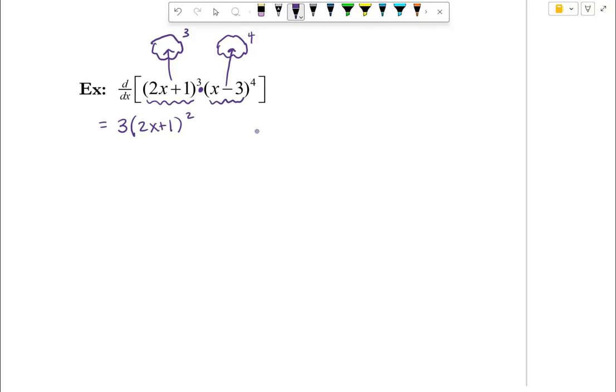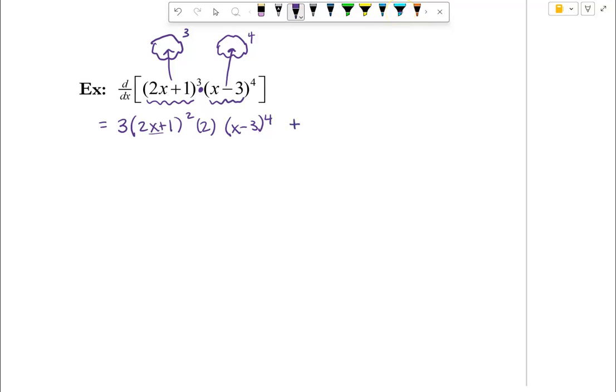But the chain rule tells me that I haven't completely taken this derivative of this composite function until I multiply by the derivative of 2x plus 1, which is just 2. So that is our derivative of our first factor. And we know the product rule tells us we have to multiply that with our second factor, so x minus 3 to the fourth.